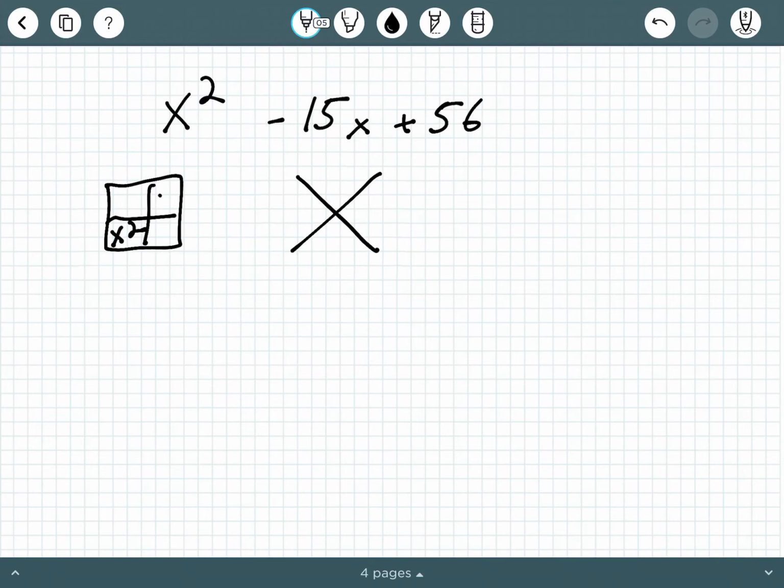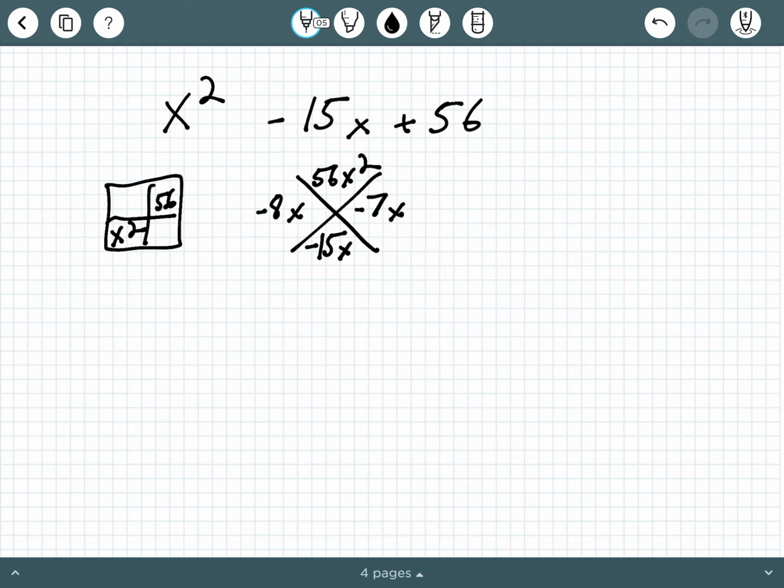So if we put x squared and 56 in our corners, that gives us 56x squared, and then negative 15x goes in the bottom. To multiply to positive 56 and add to negative 15, I think we're going to be working with negative 8 and negative 7, and then we'll need our x's to make that work out.